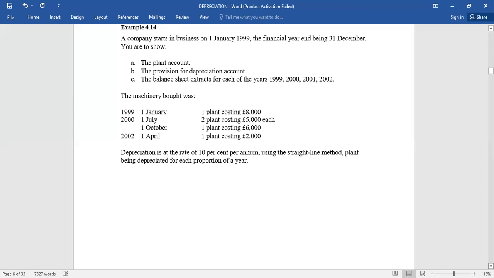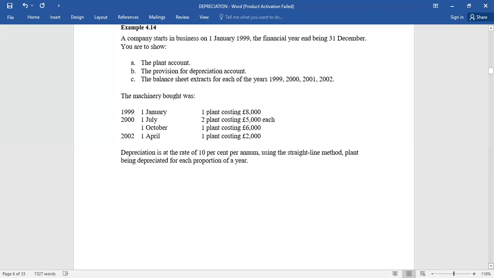So you can see the machinery was bought on January 1999. We have another machinery that is being bought on 1st July 2000. And then we have another one that cost 6,000 being purchased on 1st of October.